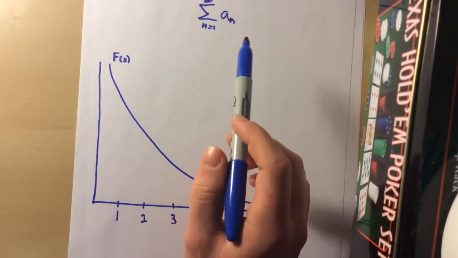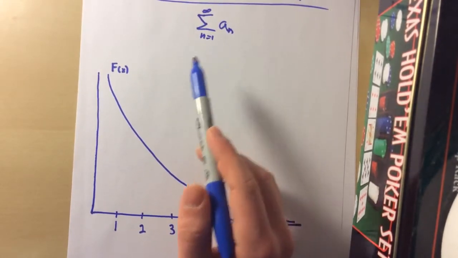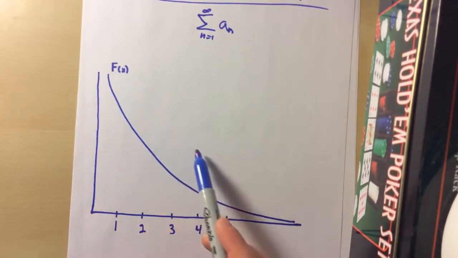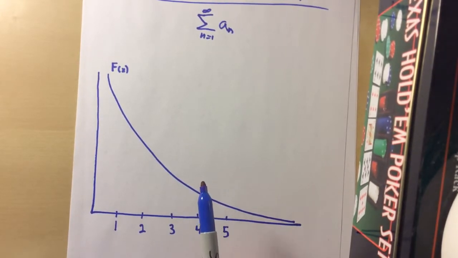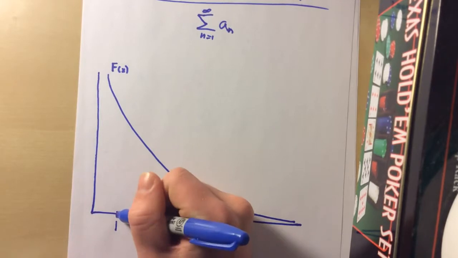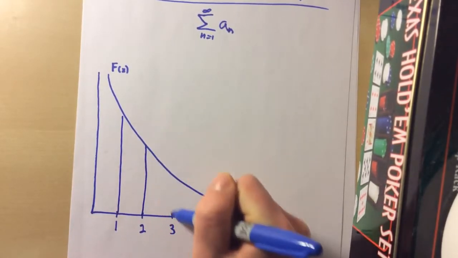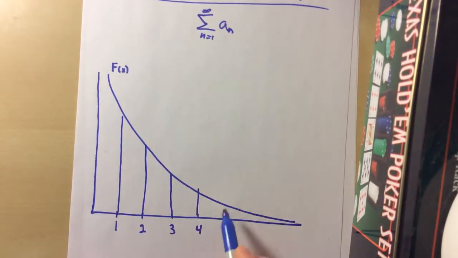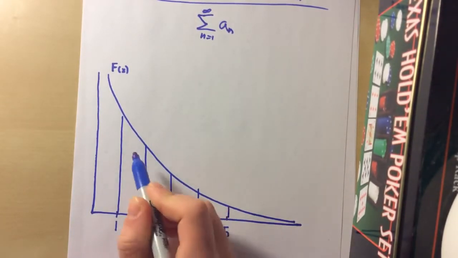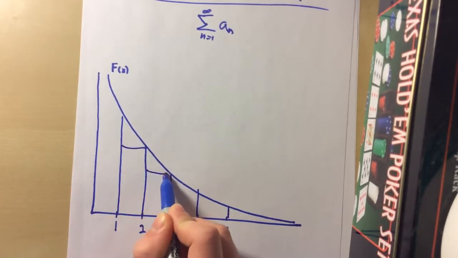Well, to prove that this series converges, we have to show that it is less than a converging integral. And when we want to take sums that are less than the integral, we take right-hand sums. But since we're starting at 1 and we want it to be less than the integral, our right-hand sum is just going to look like this.